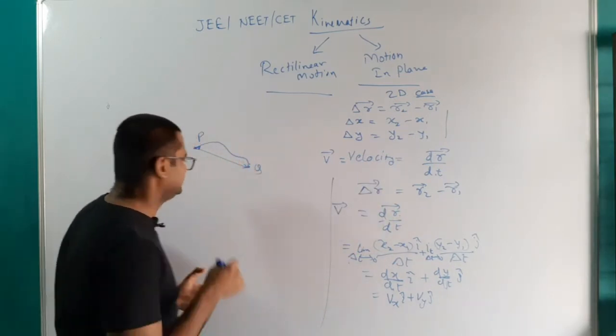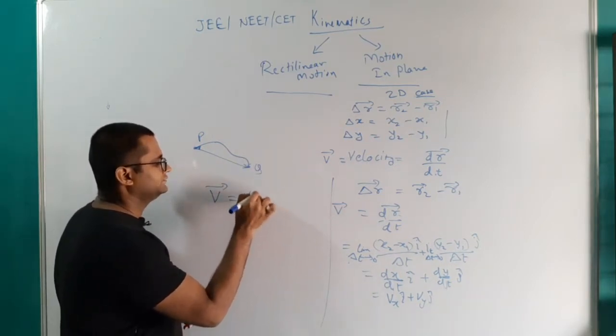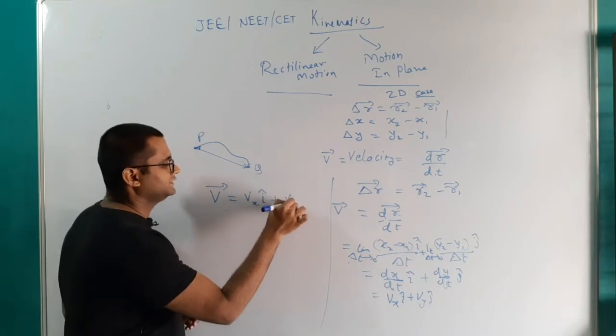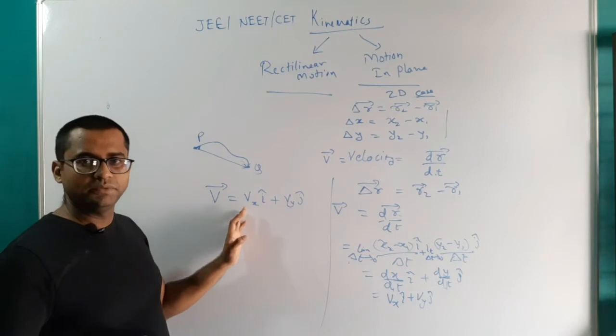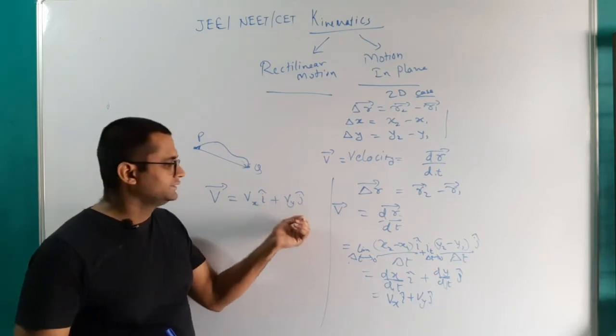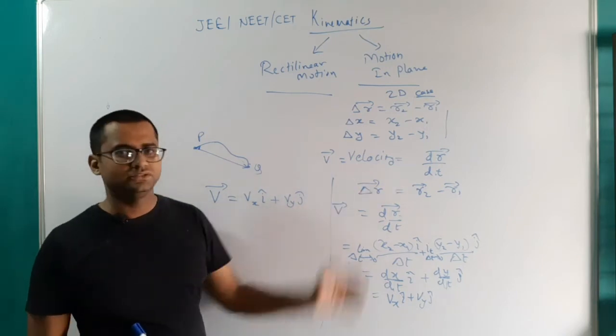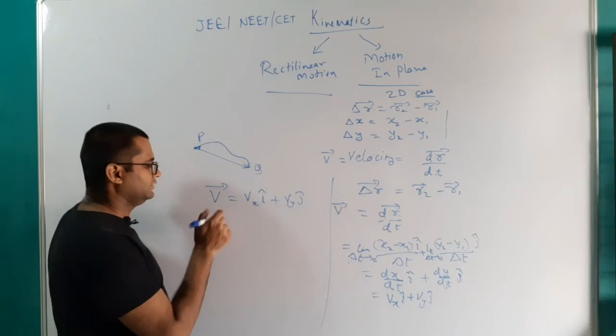So what do we extract from all this discussion? We can write velocity as the vx component into i cap plus the vy component into j cap. So we can split any velocity in a plane as velocity in x plus velocity in y, plus if there is velocity in z, we can simply add that component also. And what will be the magnitude?